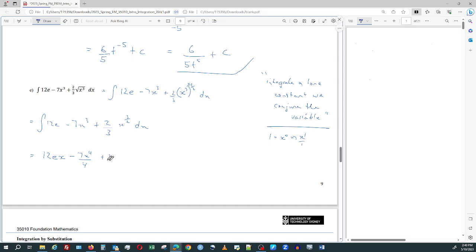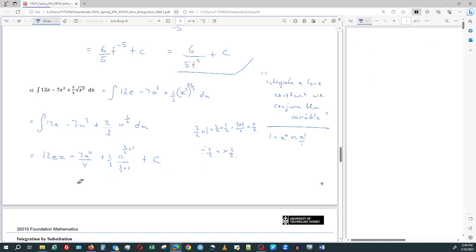Oh dear. Okay, it never goes away, does it? 3 on 2 plus 1. Okay, divide by 5 on 2 is equal to times by 2/5.